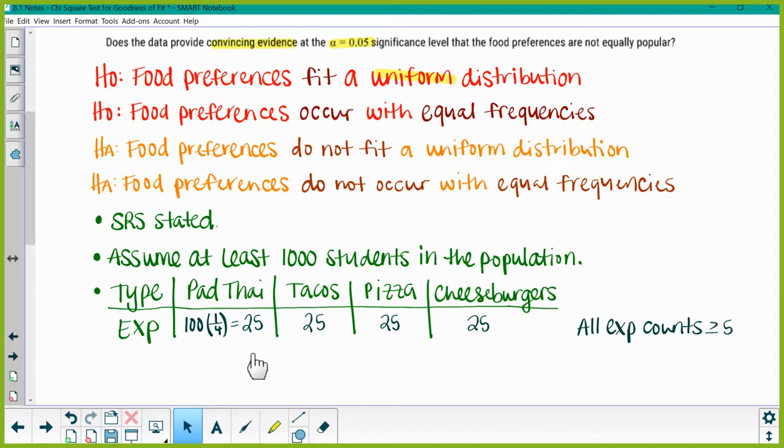And then I can state all expected counts are greater than or equal to 5. Just somewhere on your paper, expected counts: pad thai 25, tacos 25, pizza 25, cheeseburgers 25. It could be a list. It does not have to be a table. I just put it in a table format because generally they're giving you a table format anyway, and I follow along with that, just plugging in my expected values.